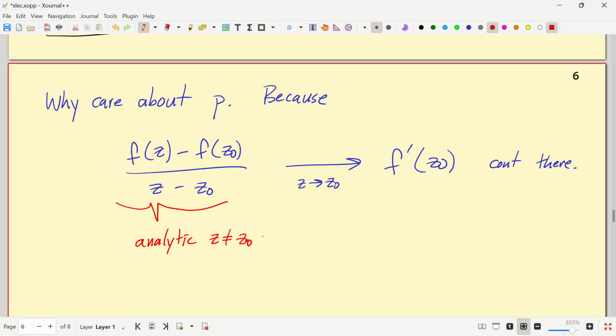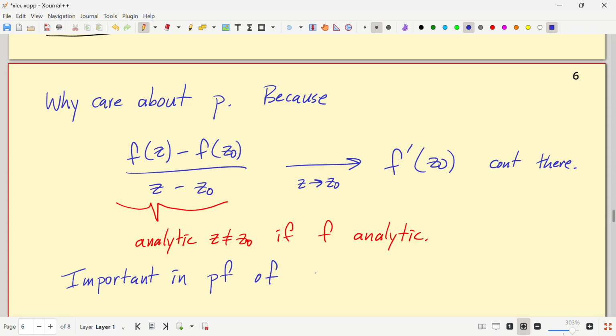And in fact, I'm going to use it when I prove the Cauchy integral formula. And this will be important when we prove the Cauchy integral formula, which is a famous thing we'll soon get to.